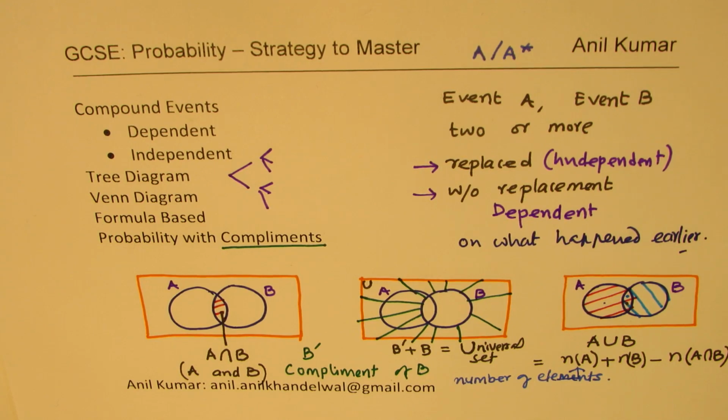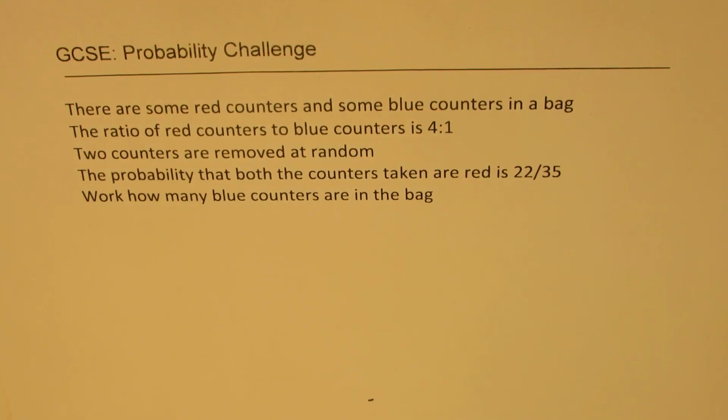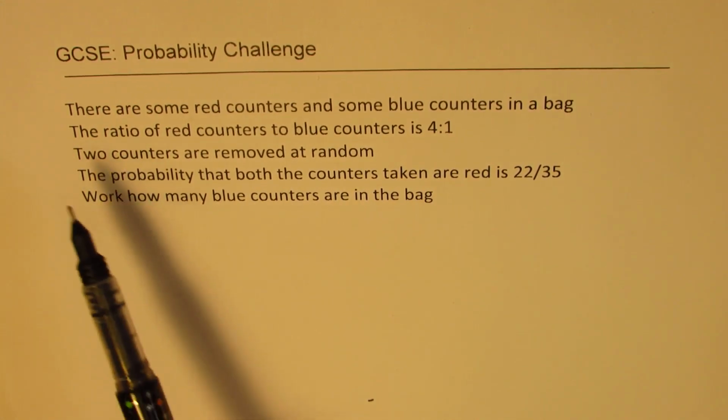And now let's take examples to understand how to solve probability questions which are relevant to you for GCSE. Okay. So from the format and the layout of this question, I think you must have guessed it. It comes from GCSE, right? So let's look into this question and try to understand how to solve this.